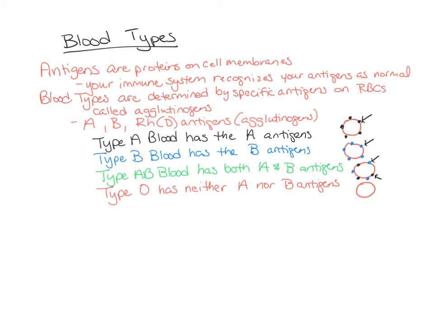If a person who is type A received blood that is type B, the body would recognize the B antigen as abnormal, and the person with type A would have antibodies in their plasma that would attack the antigen B. The antibodies in the person with type A are called anti-B antibodies, and these antibodies are found in their plasma.